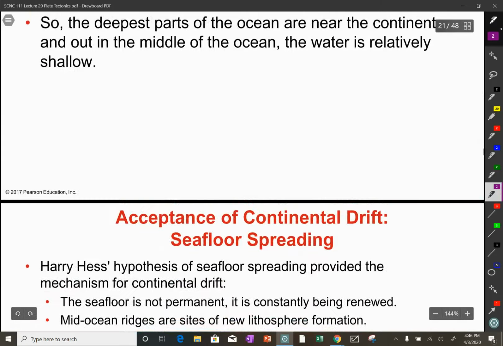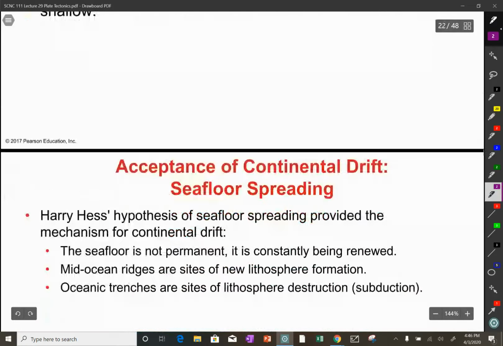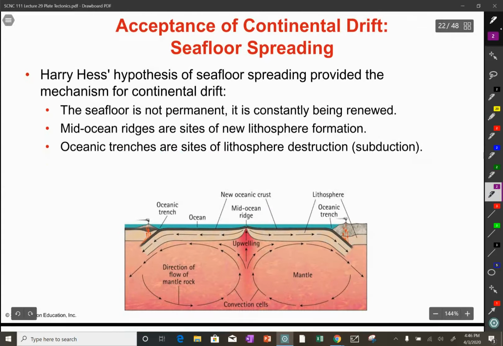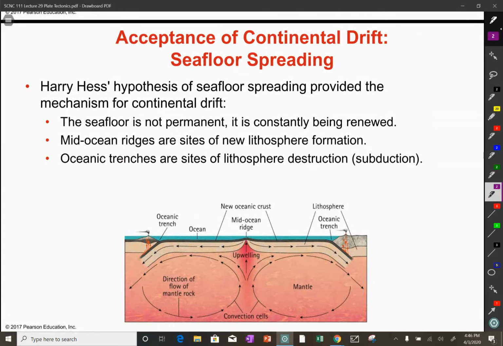And so, relatively speaking, it's shallow in the center. It's not really shallow, but relatively. And Harry Hess hypothesized that the seafloor spreading produces a mechanism for the motion of the crust as Wegener had predicted. So here's what we believe is happening.